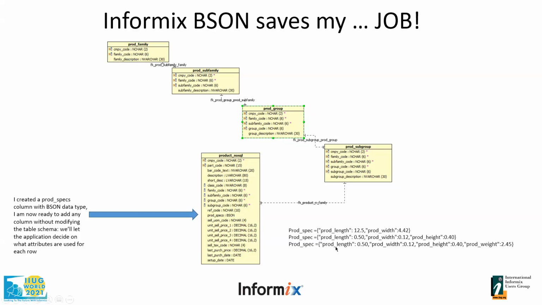So they will use product length, width, height, and this time weight. So basically no more limit. My guys can put whatever prod specs they want. This will be represented very easily in the database. No need for big changes on the database beyond the very first one, which is creating the BSON column. So basically, it looks very, very nice, at least from the DBA point of view.